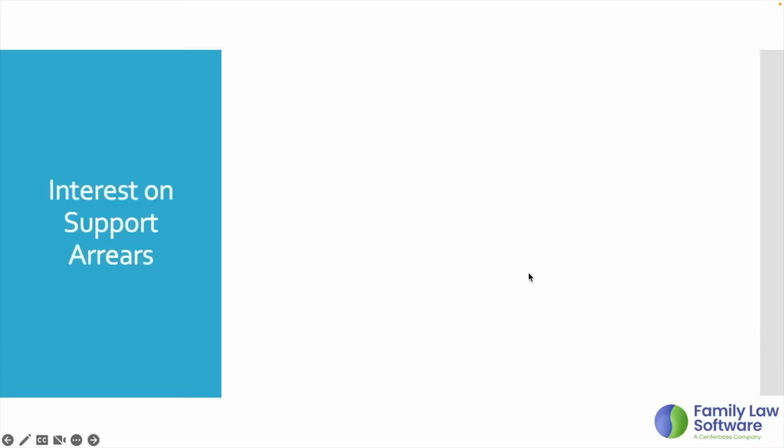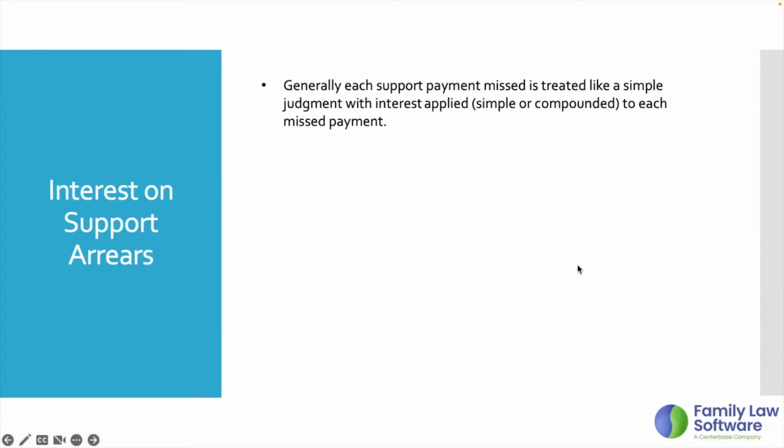So what makes arrears complicated? We all can take a calculator and say, the payor of child support was supposed to pay $100 a month for 12 months. We just do simple multiplication. But because of the interest, that's what makes it a little complicated. Not to say that you couldn't do it by hand or using an Excel worksheet that you put together, but it's a little more complicated.